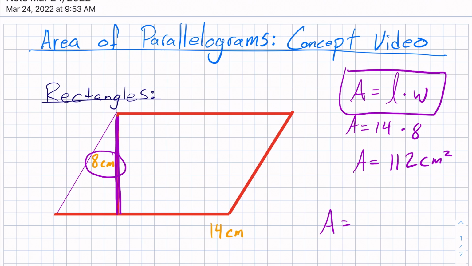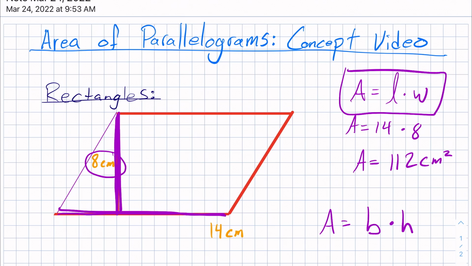And that's not really a problem. We just have to remember that for a rectangle, we use these outside measurements for our length and width, but for a parallelogram, we have to use the base here and the height here to find the area. So for a parallelogram, the area is equal to the base, which is basically equivalent to the length, times the height, which is basically equivalent to the width.